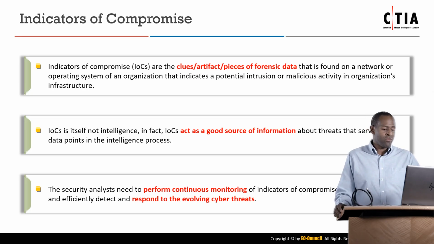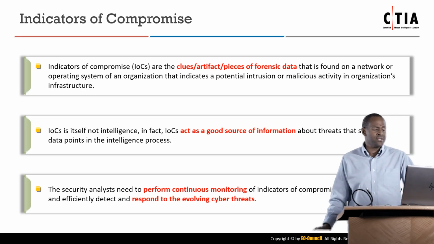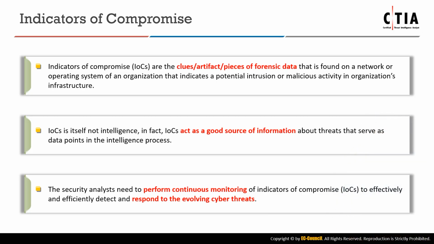They're indicators of compromise. The IOCs themselves are not intelligence. They act as a good source of information about threats. They're data points in the intelligence process, because the I in IOC, they're just indicators.